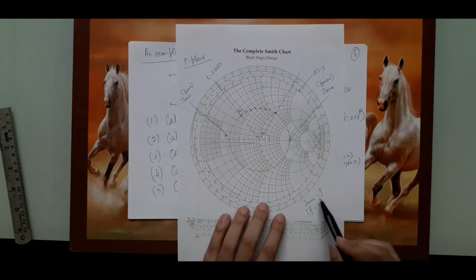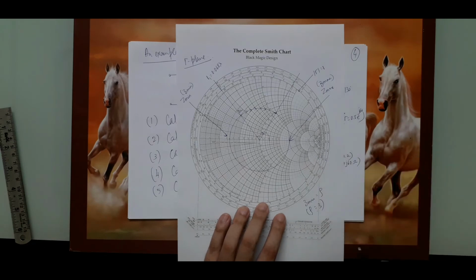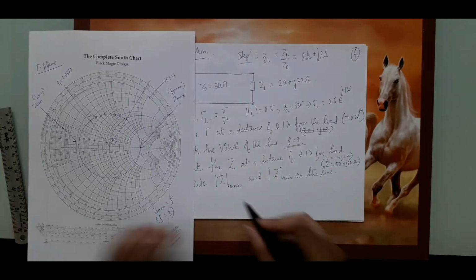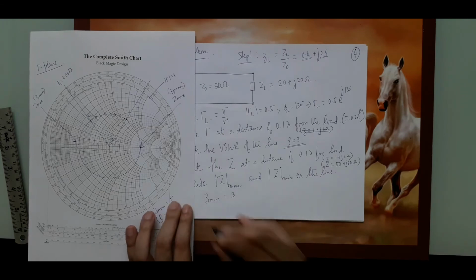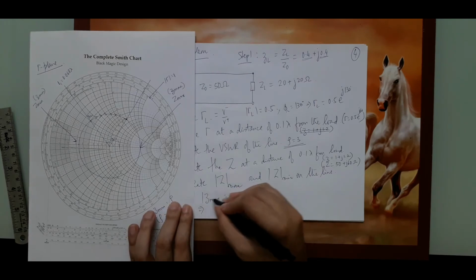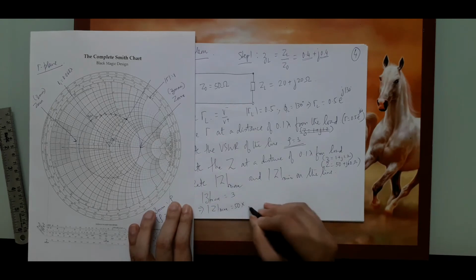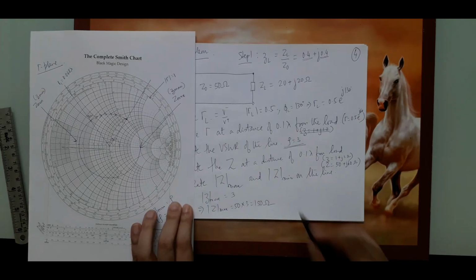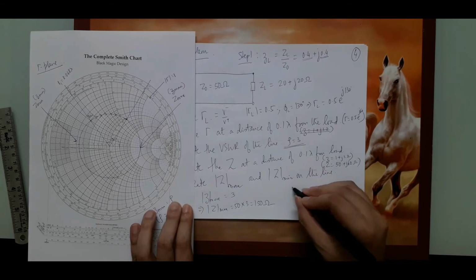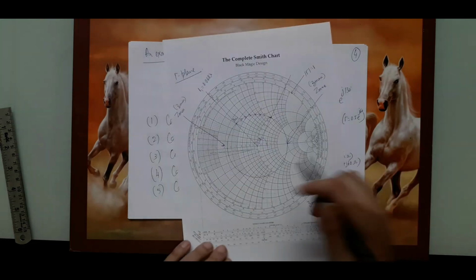So we know that z max or rho is 3. That means my small z max is 3. That means my absolute z max will be what? 50 into 3, that is 150 ohms. And z min, you can see from the Smith chart that it is 1 by 3.